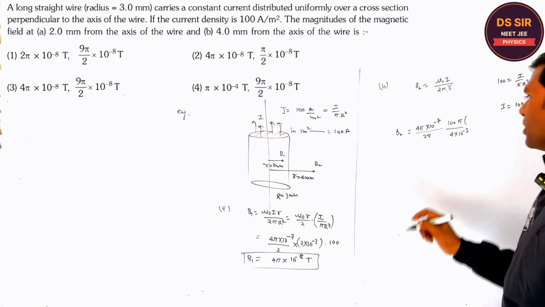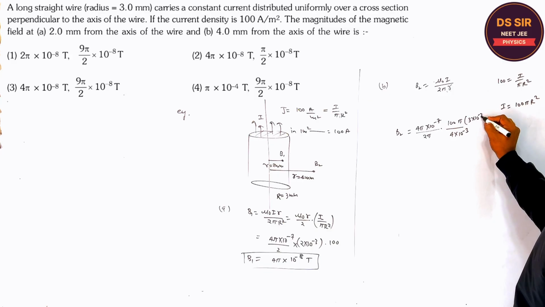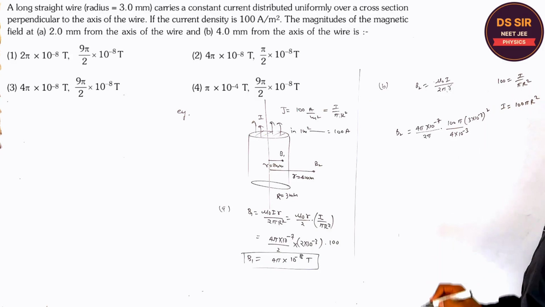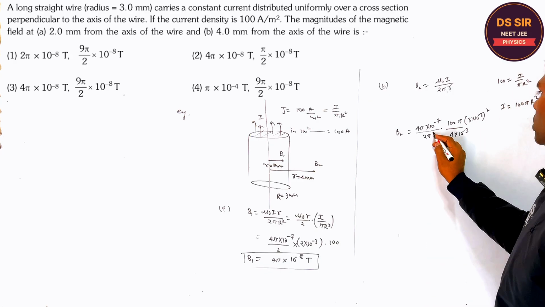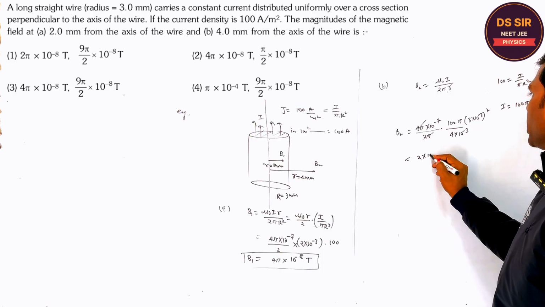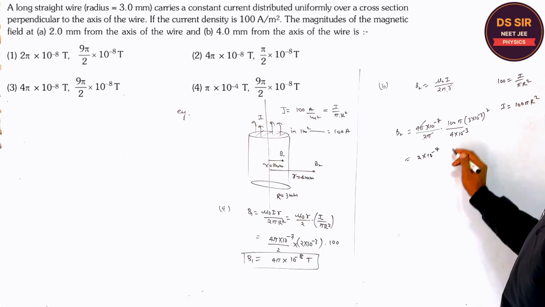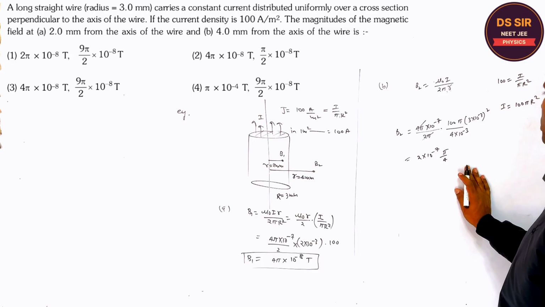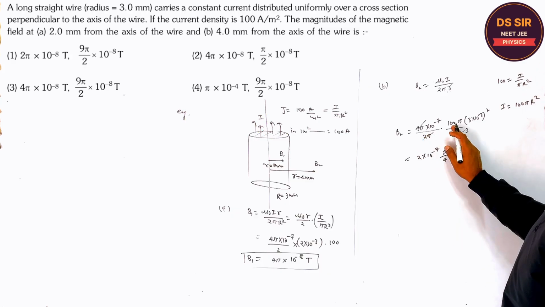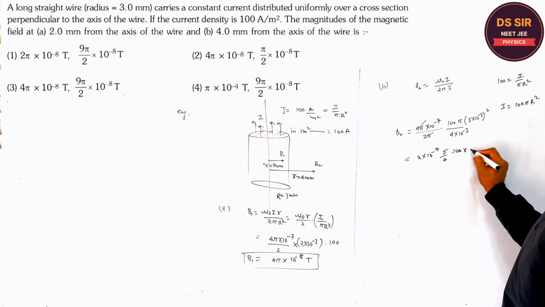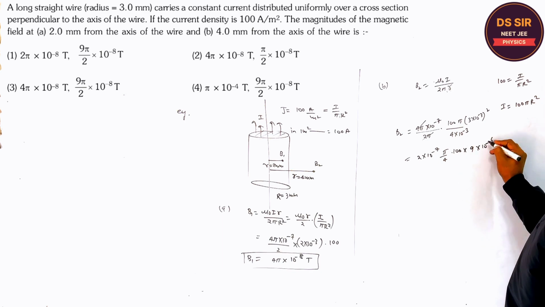What is the capital R? It is 3 millimeter, right, whole square. Now it will cancel out, 2 into 10 to the power minus 7. This is pi upon 4. Pi upon 4 into 100 into 9 into 10 to the power minus 6.